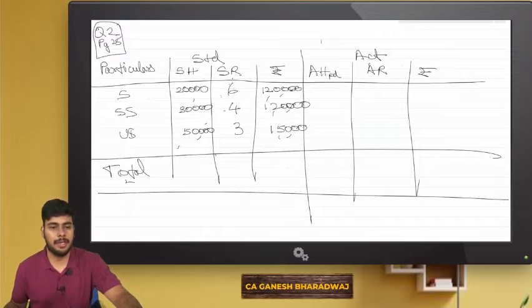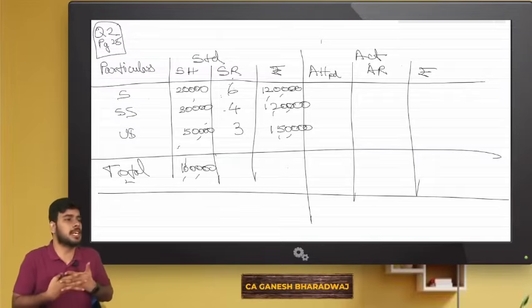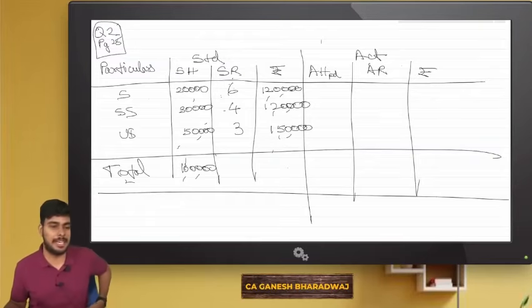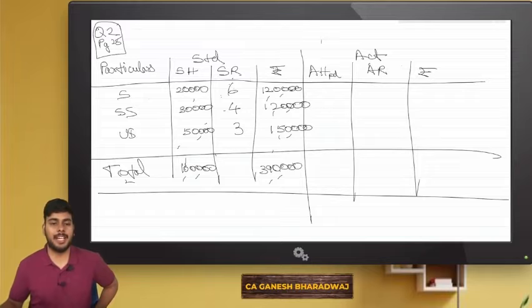Fine. And then you can total these two also. This is 1 lakh. Total hours used, because these people are working together, and we will need this to find out the proportion and all. We can add these hours. And here, the amount column. What is the total? 3,90,000. Right. Very good.